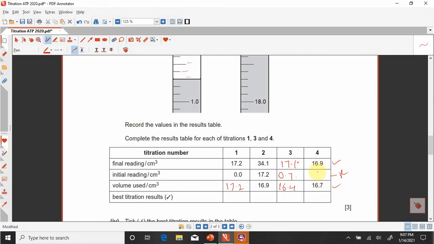So for the initial reading, you subtract 0.2 from 16.9, so you will get the answer, 16.7. Now the best titrations are those which have a 0.2 difference. The 0.2 difference is between titration number 2 and titration number 4, 16.9 and 16.7.